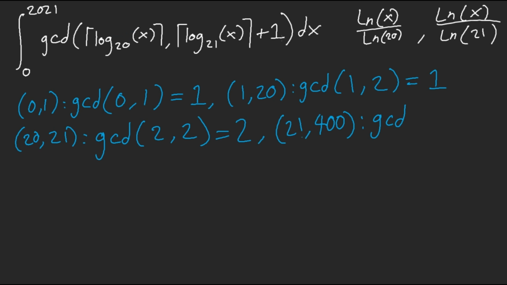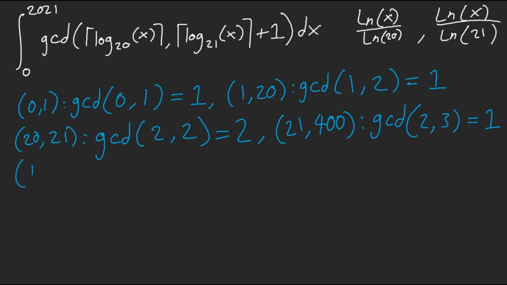Oh, no, I'm sorry. I'm still at 2, because this is a ceiling function. So 2. GCD of 2. However, now, at this interval, this log surpassed 21. And so now, at that interval, this is going to equal to 2. Plus 1, 3. So that's 1.